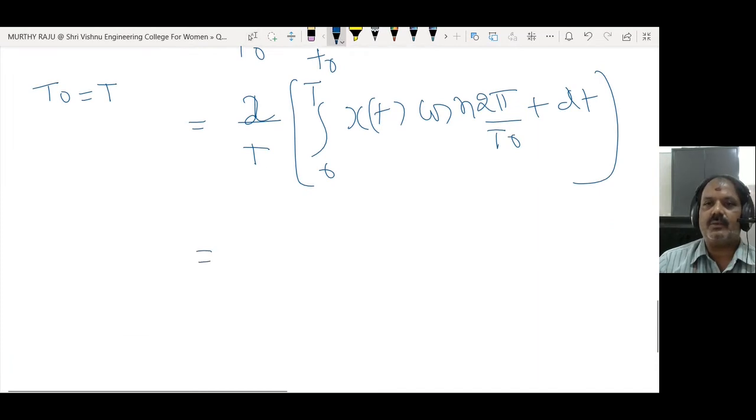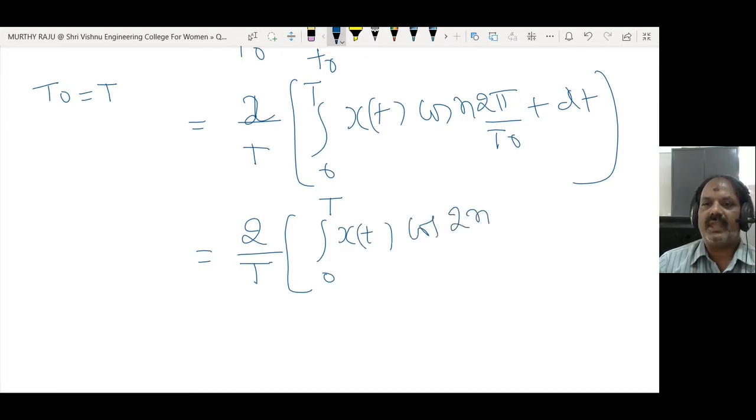That is equal to 2 by T integral 0 to T of x of t cos 2n pi t by T dt.